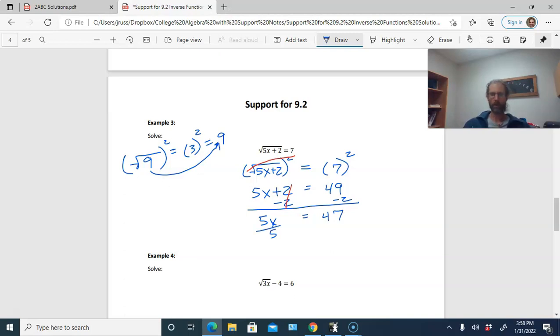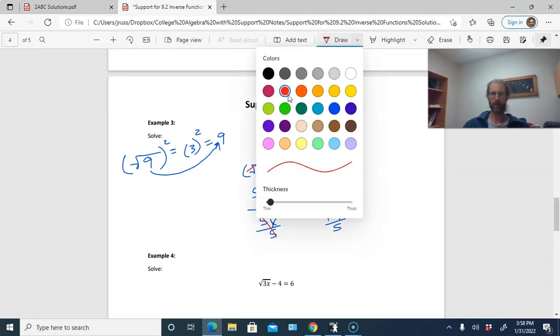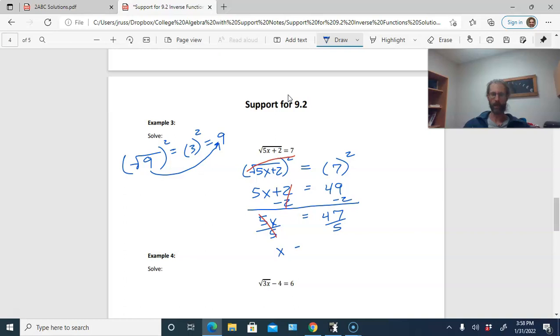Then we're going to divide both sides by 5, and so this will yield x is equal to 47/5. This is a fraction that cannot be simplified.